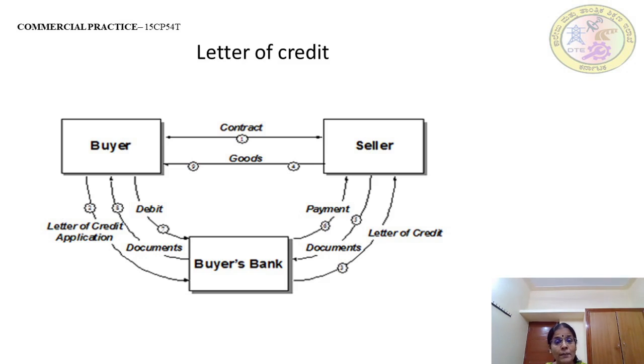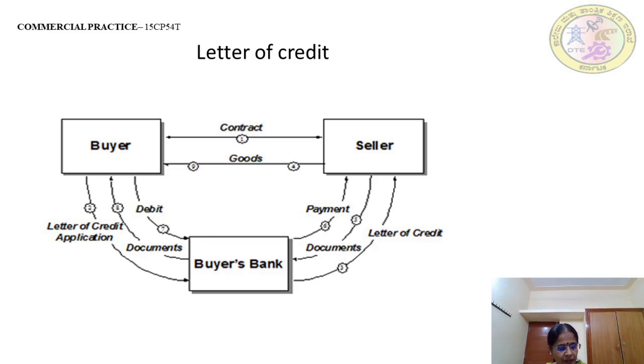That is, the buyer's bank is going to make the payments to the seller, and this type of support given by the banker towards the customer is a very important function the bank performs.